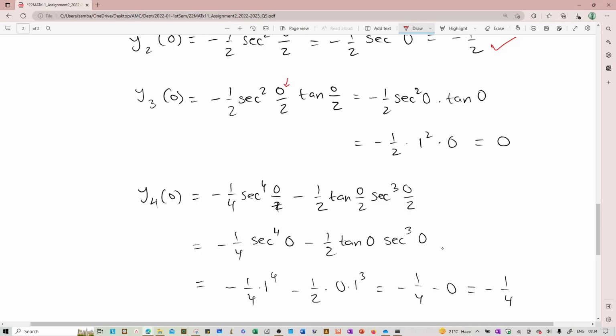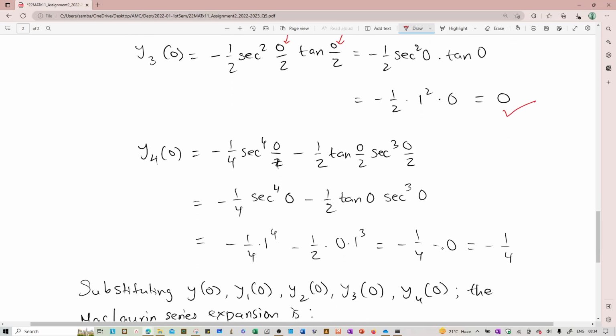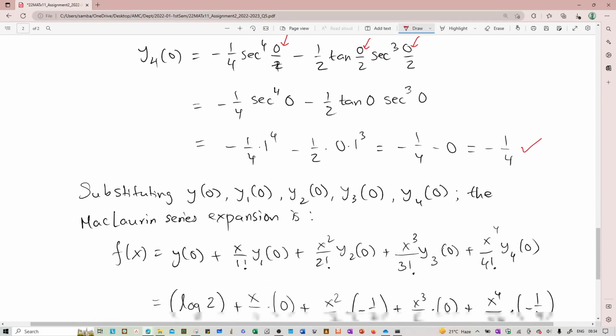We put x equal to 0, and when we find the value, it becomes 0. Finally, y4 is minus 1 by 4 sec to the power 4 x by 2 and minus half times tan x by 2 sec cubed x by 2. So we put x equal to 0 wherever there is x, right? And then simplifying the expression, we get the value of minus 1 by 4.